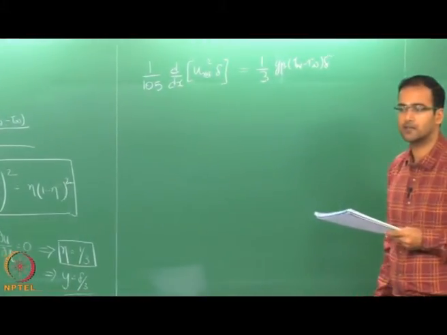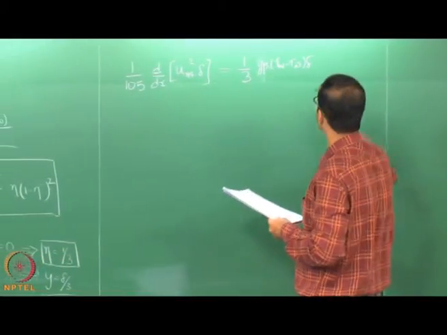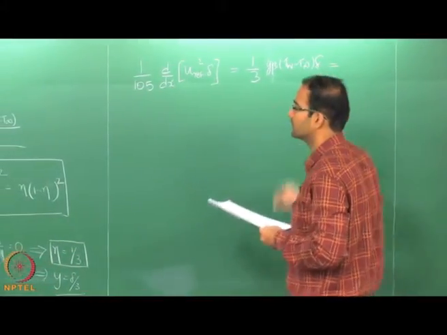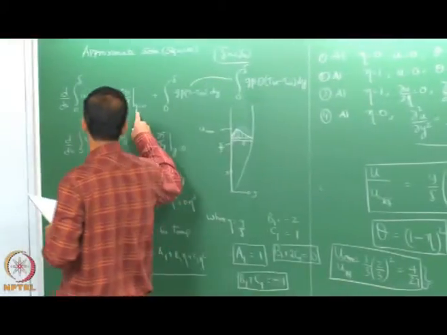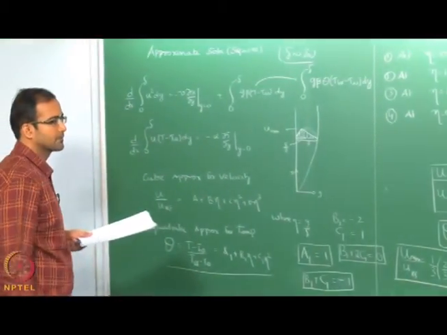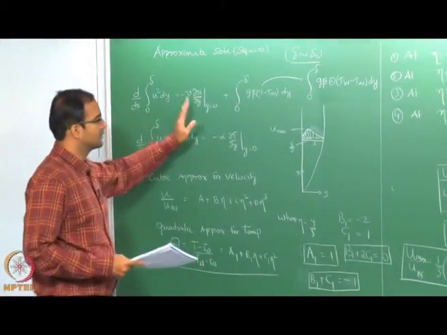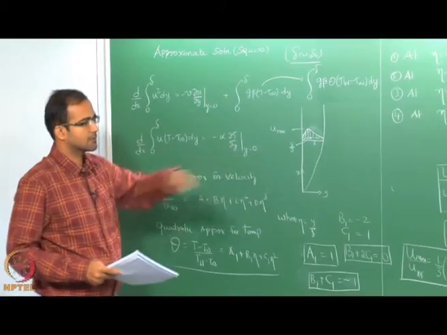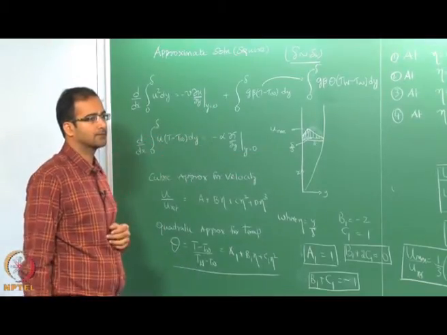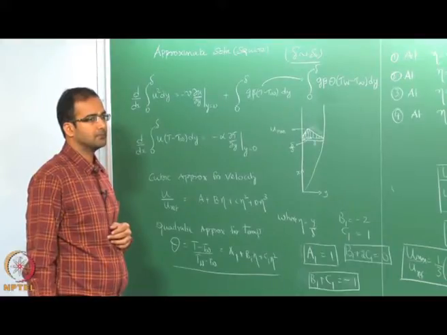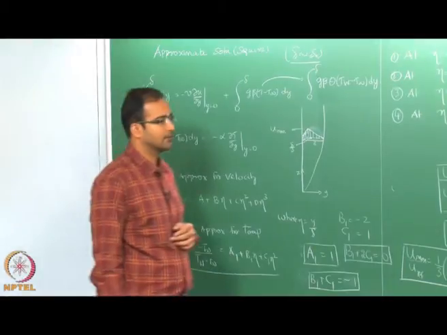dy you can write as delta into d eta. And you also have minus nu into du by dy at y equal to 0. Now what will this be? If you substitute this profile, what will be the value of du by dy at y equal to 0? Y equal to 0 indicates what?